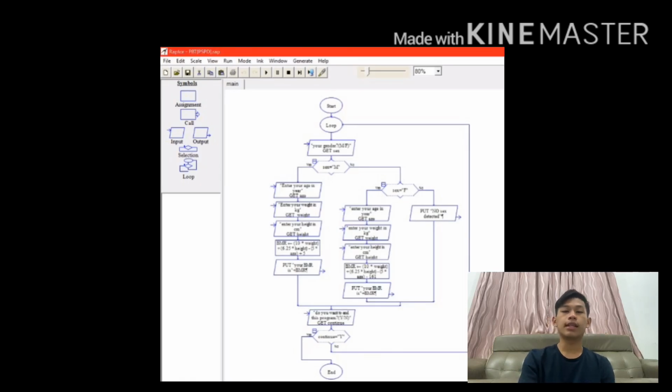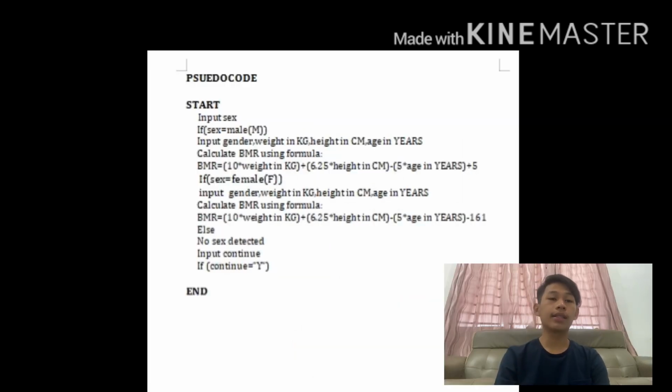Okay, this is the answer for the Raptor flowchart for question 2. And lastly is the pseudocode. Start, input sex. If sex equals male, input gender, weight in kg, height in cm, age in years.